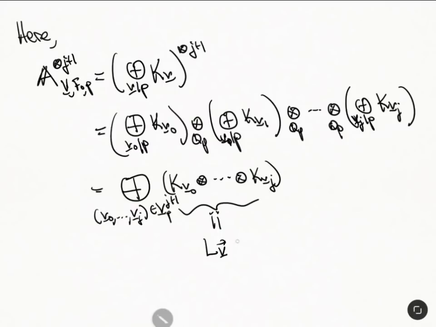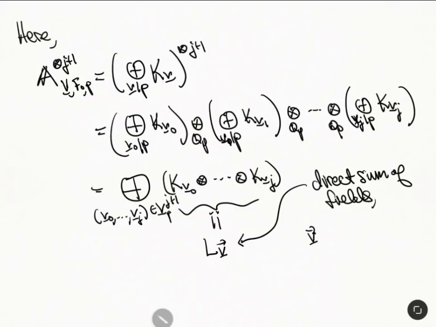So this is a direct sum of fields. This is a direct sum of fields. And V underline like this. So this is an element of V underline P to the j plus 1.